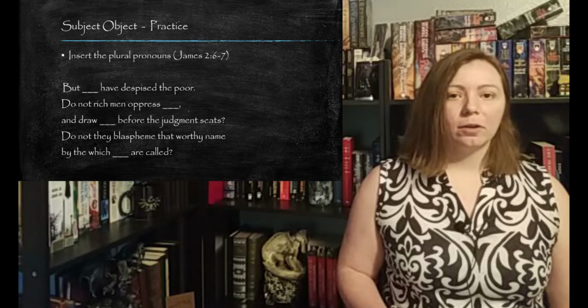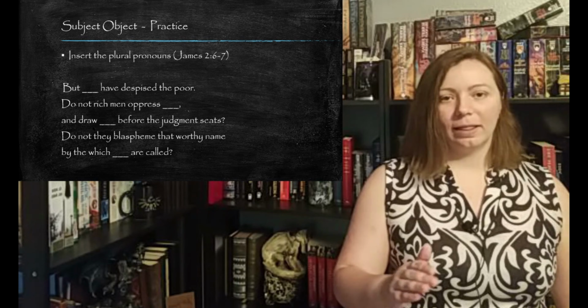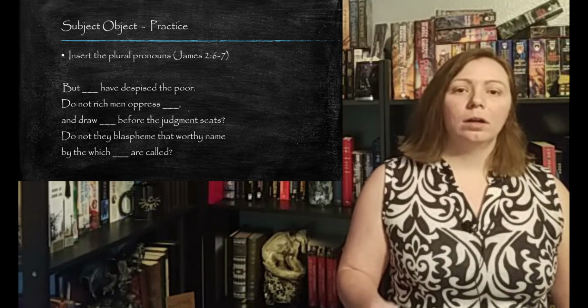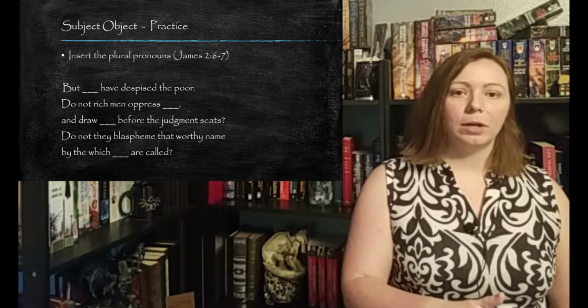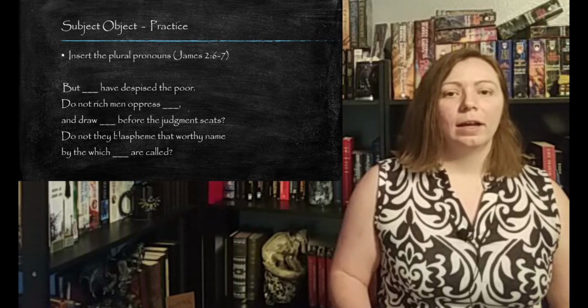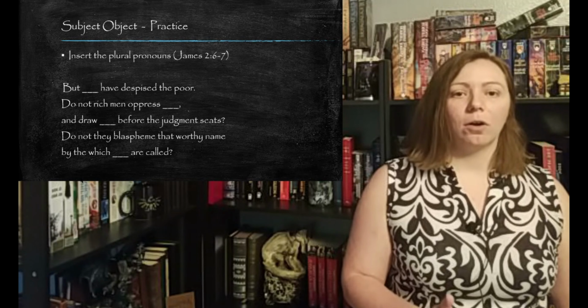The rich men are still oppressing and drawing. So that subject hasn't changed. But draw you, object. So oppress you and draw you before judgment seats. And do not they blaspheme that worthy name by which blank are called.